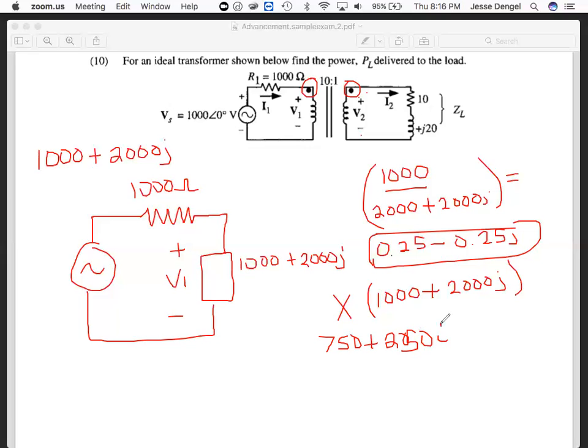And then from here, I know that this 750 plus 250I is at a 10-to-1 ratio, which means for every 10 volts on this side here, there's 1 volt here. So I'm going to divide this number by 10 to get 75 plus 25I. So remember the 75 plus 25I.